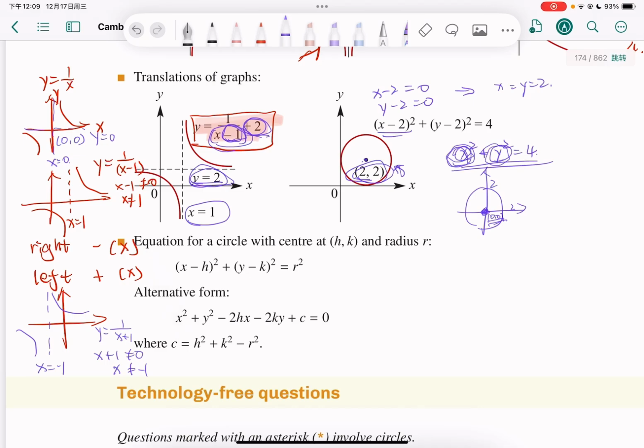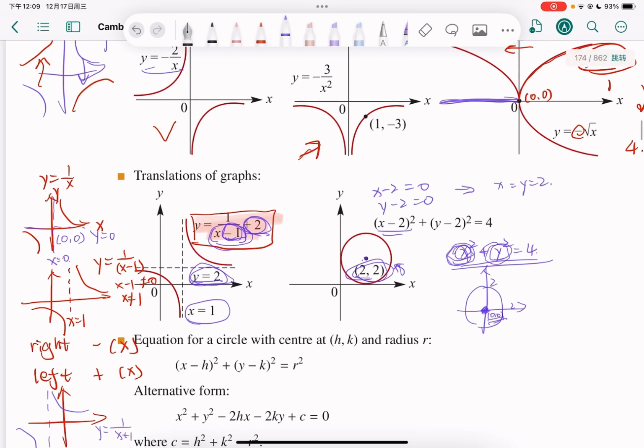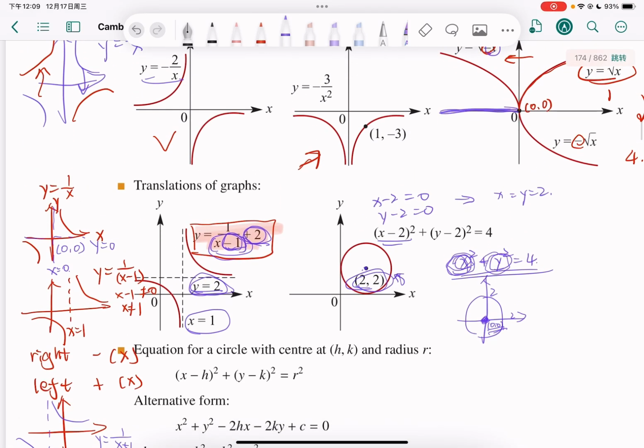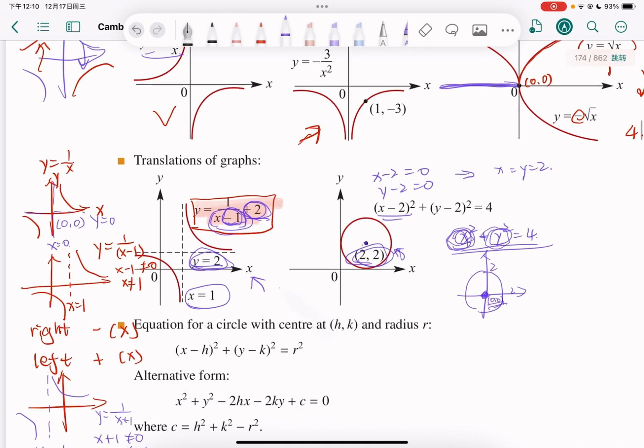And a very general thing, if you do not know what's the right graph or what's the right function when doing translation and reflection, you can easily take a point. For example, in this graph, let's say x is equal to 2. Then in the normal graph, when x is equal to 2, y is equal to half.